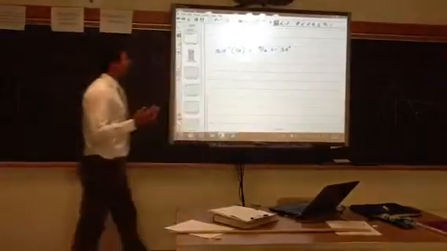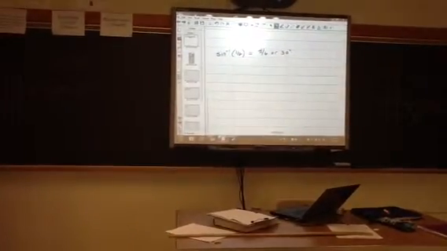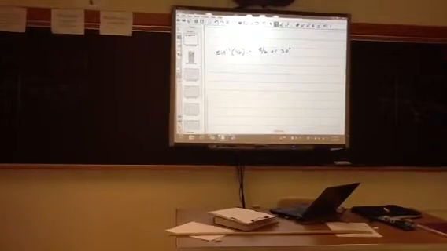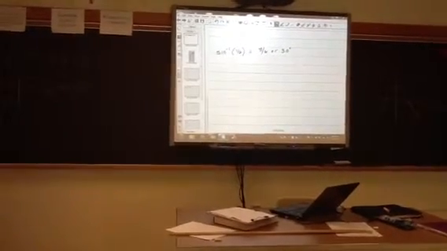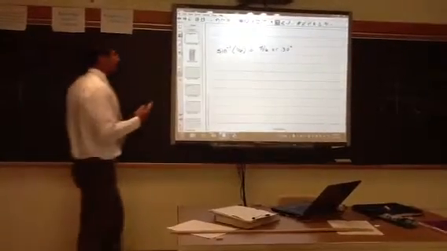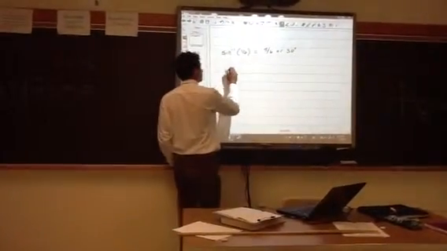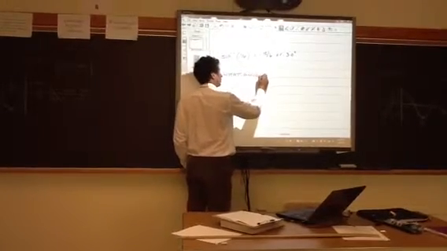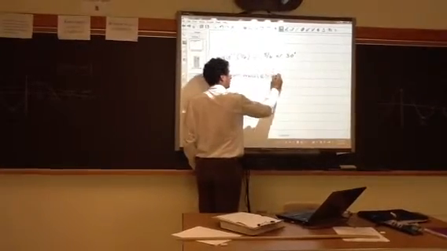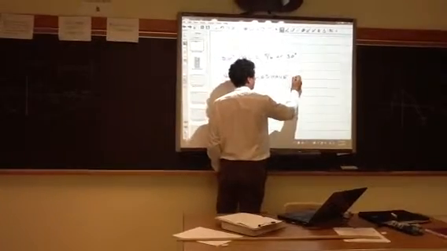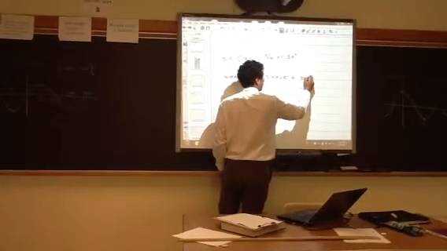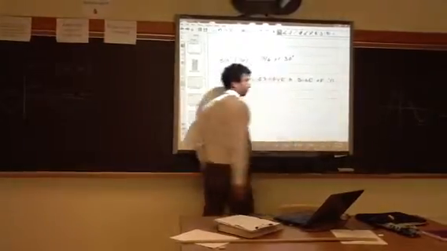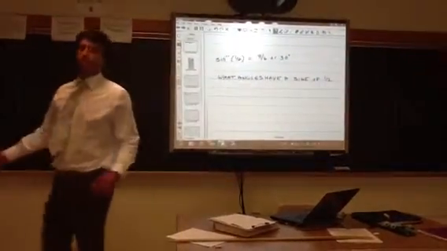But if I asked you to find all angles whose sine is 1/2, there's more than just 30 degrees or pi over 6. What other angles would have a sine of 1/2? Just think about your unit circle.